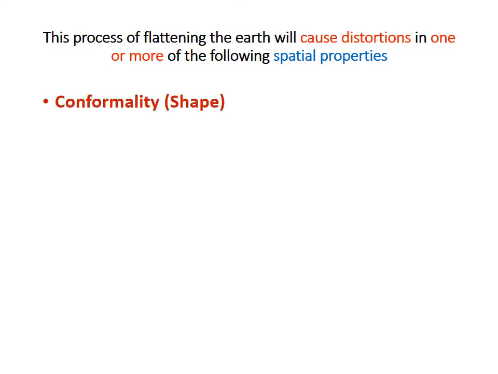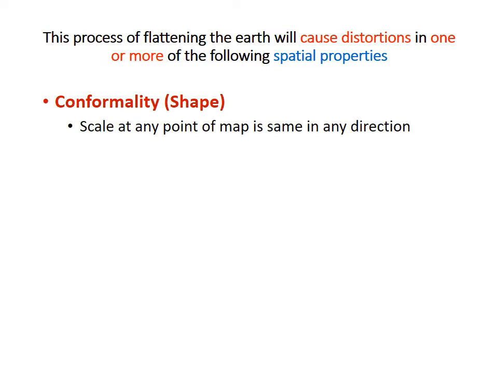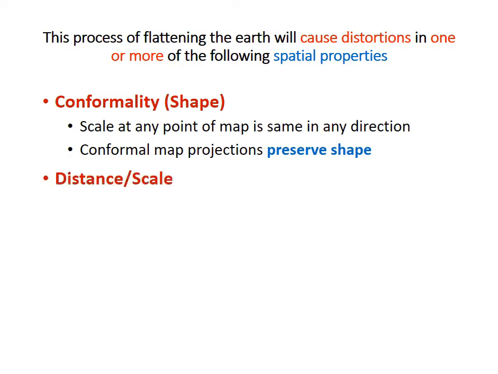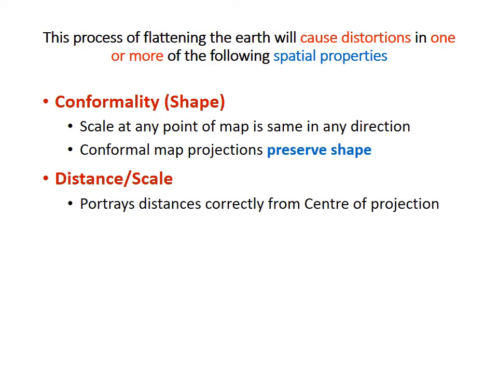For instance, if the scale at any point on the map is the same in any direction, then the shape of the object that is available on the spheroid earth is the same as that in the map that we try to draw. So the conformal map projections preserve all the shapes. Very similar to that, we have distance or scale. It portrays distances correctly from the center of projection.